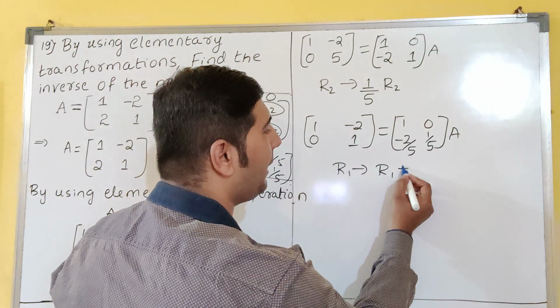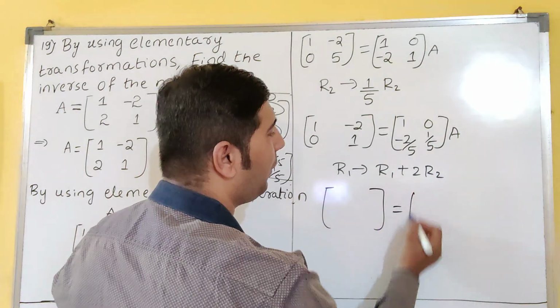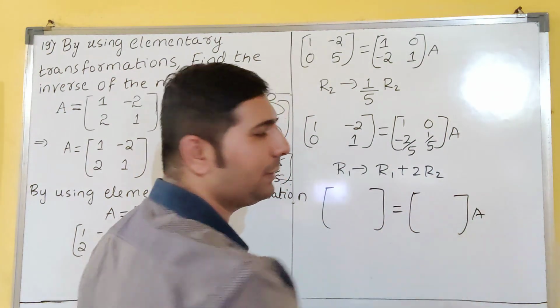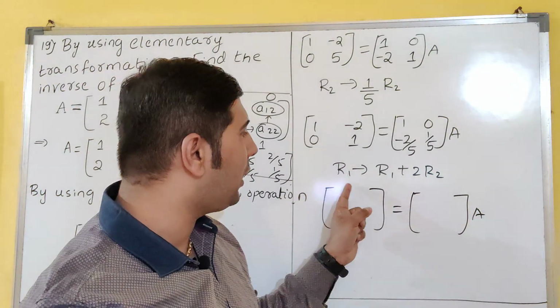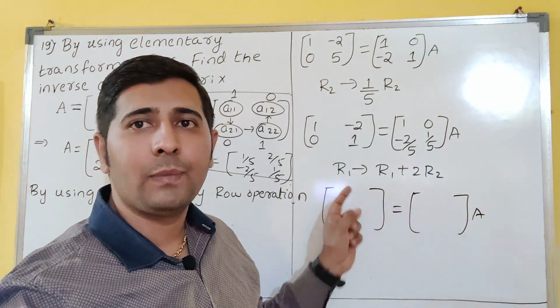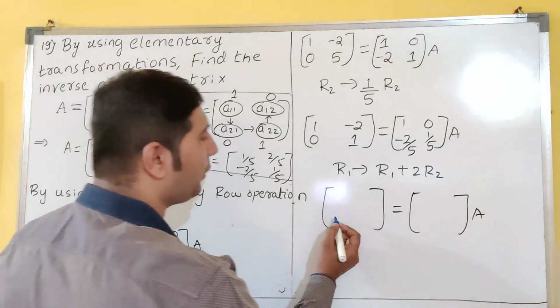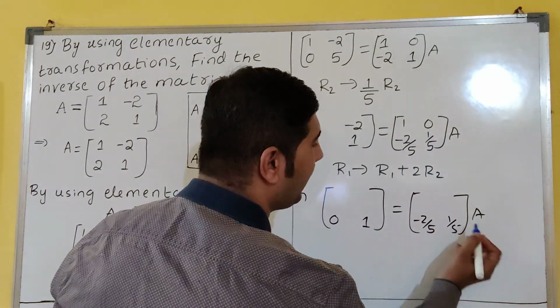So I can multiply by plus 2 or not? R2. Understood the shortcut? So which is not changing? R2 is not changing or not? R1 is changing. Arrow mark before what you will write? That is changing. R2 is not changing means you write R2 as is, 0 1 minus 2 by 5, 1 by 5, dear students.